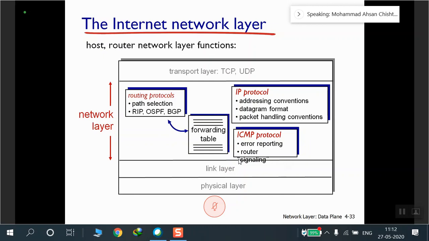The routing protocols first: OSPF, BGP, RIP, which you would hopefully have gone through. The second part is the IP protocol: addressing conventions, datagram format, packet handling conventions. And the last part is the ICMP protocol, that is error reporting, the ping that we see, which we will come across in a little while.